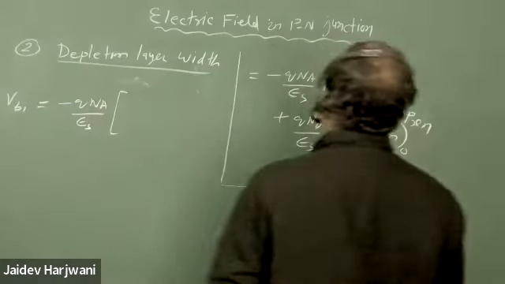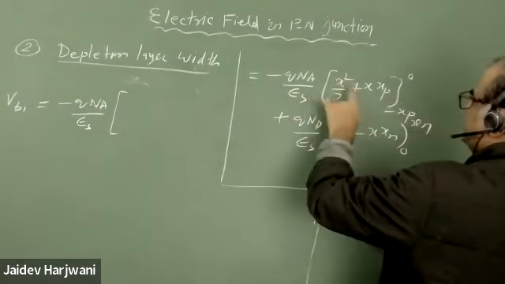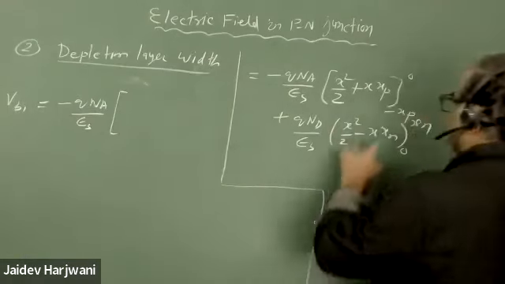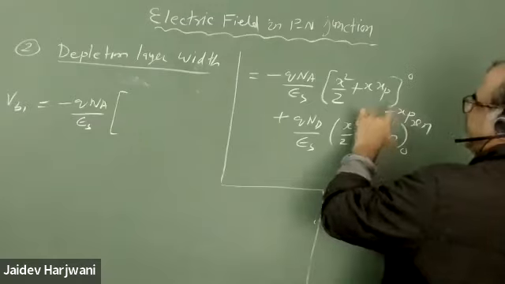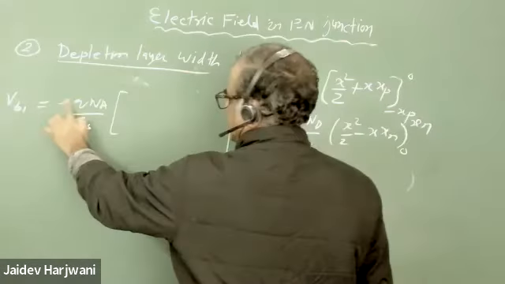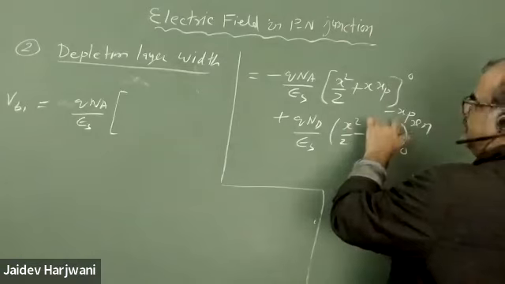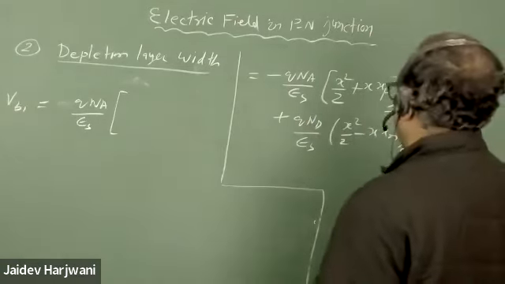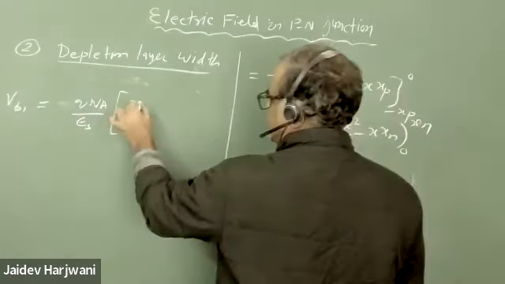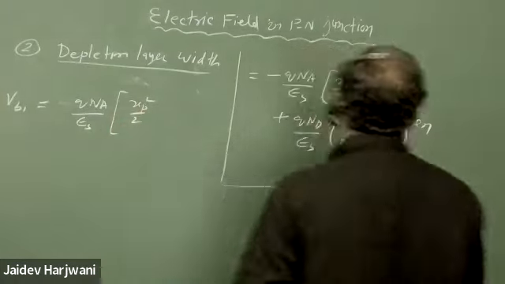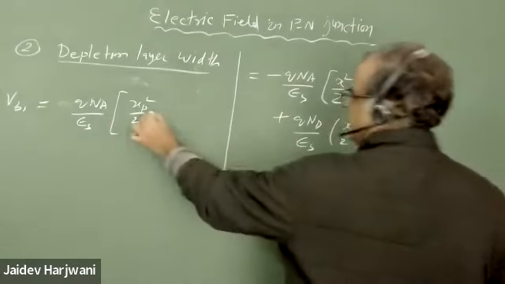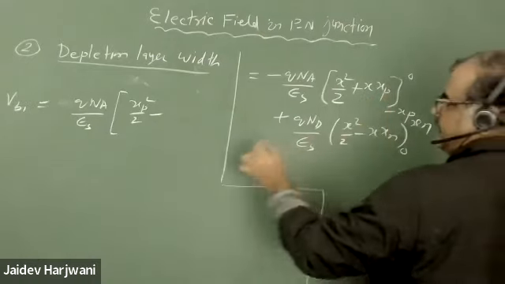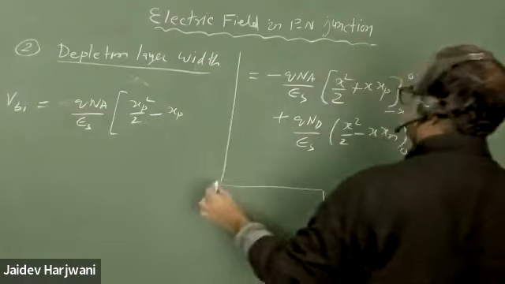If I put 0 here, this becomes 0. I'll take minus common and make this positive, and change the limit, putting minus xp before. So this becomes xp square by 2, and then minus x, and I have to put minus xp, so minus xp square.